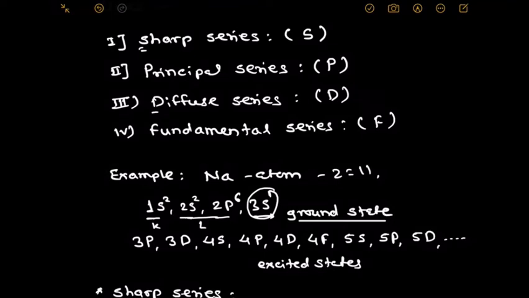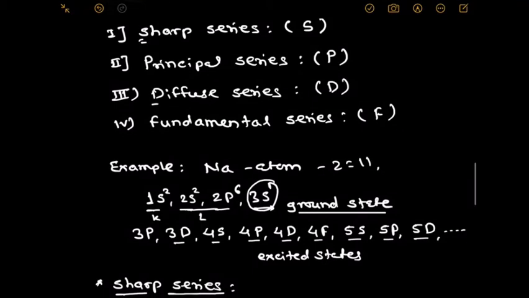For example 3p, 3d, 4s, 4p, 4d, 4f, 5s, 5p, 5d, and so on. These are all excited states of the alkali metal, denoted by corresponding energy states represented by the capital symbols P, D, S.